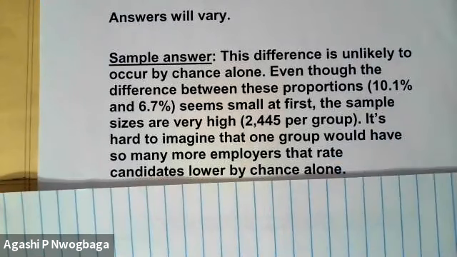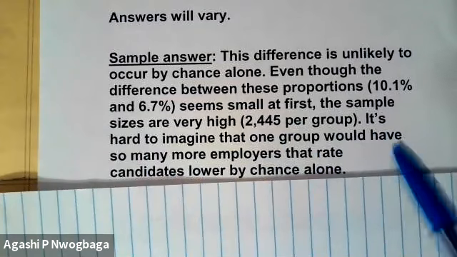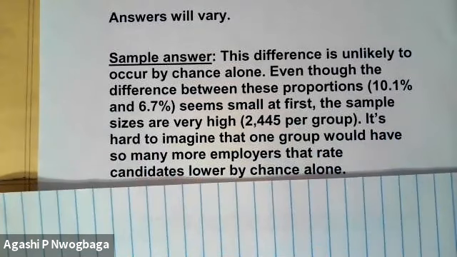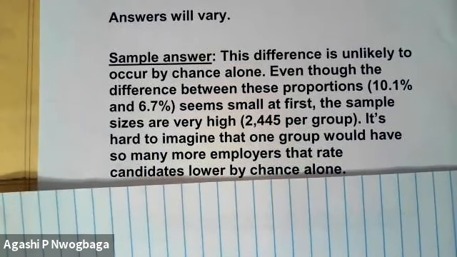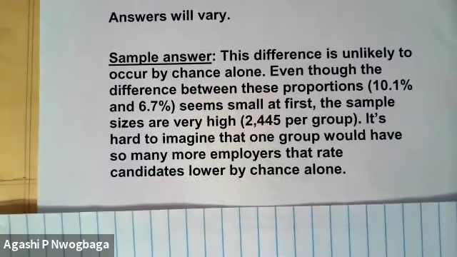This difference is unlikely to occur by chance alone, even though the difference between these proportions, 10.1% and 6.7%, seems small at first. The sample sizes are very high, 2,445 per group. It is hard to imagine that one group would have so many more employers that rate candidates lower by chance alone.